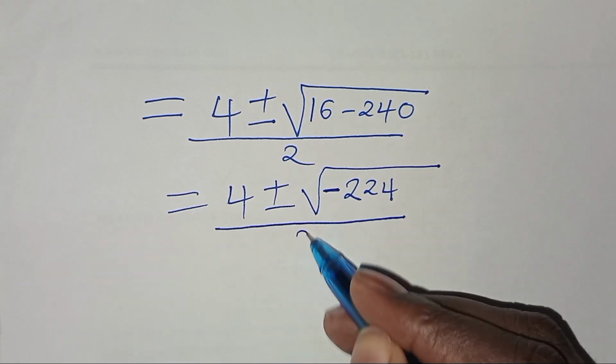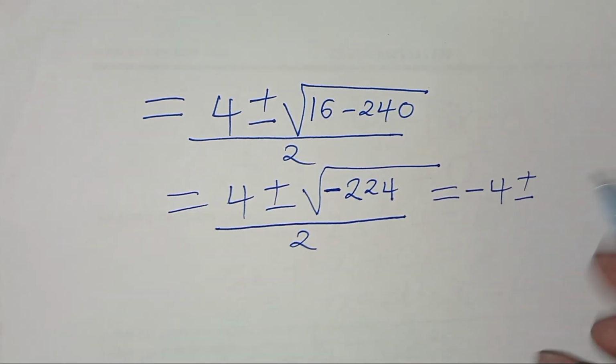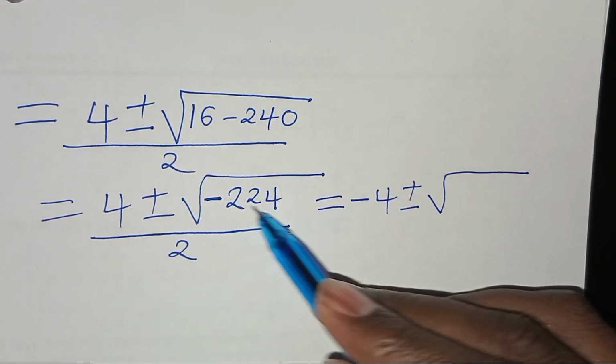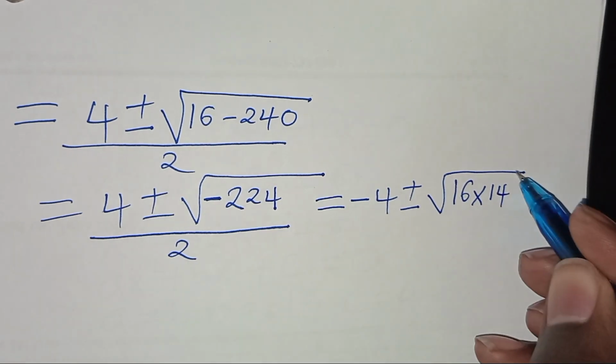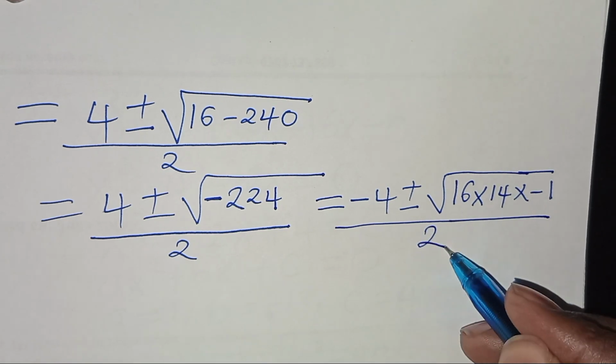Now you can express the square root of negative 224 as 16 multiplied by 14 multiplied by negative 1, all divided by 2.